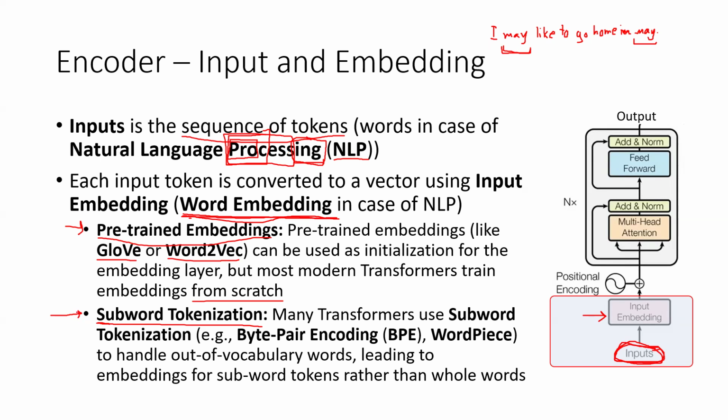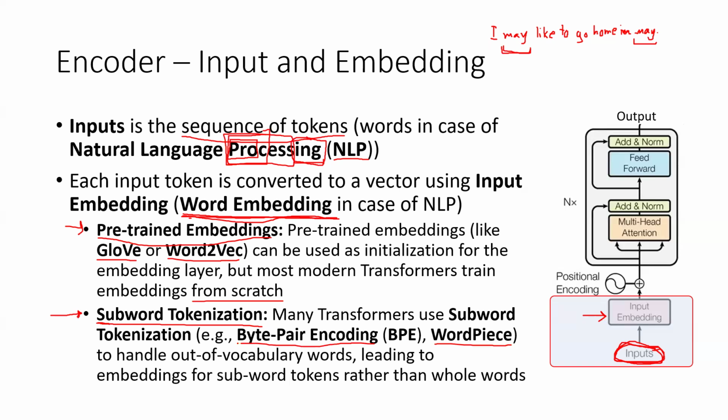When it comes to transformer models, we recommend using subword tokenization, such as byte pair encoding and word piece encoding. These are two of the widely used tokenization techniques that you can use for transformers.